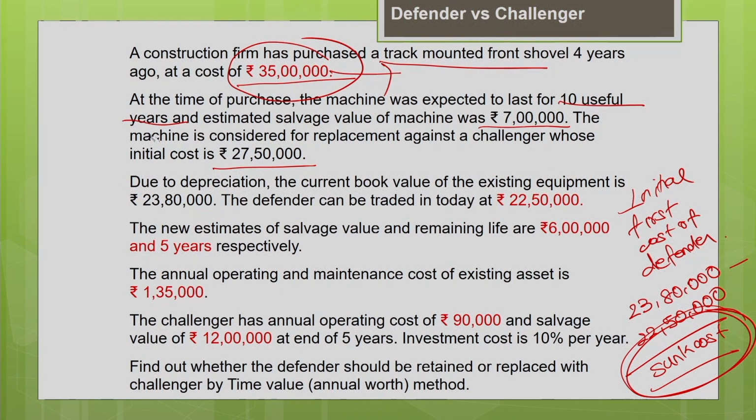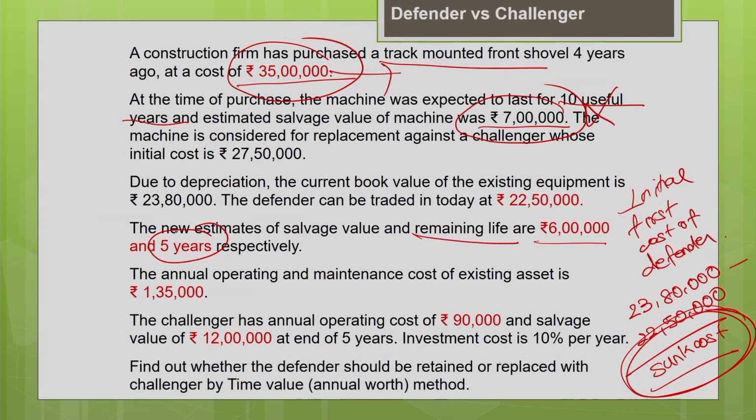Now let us look into the other information available. The new estimate of the salvage value is 6 lakh, but the old estimate was 7 lakh. That has to be ignored; you have to consider only the new estimate. The current estimate of the remaining life of the machine is 5 years.